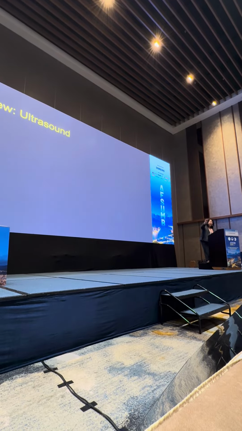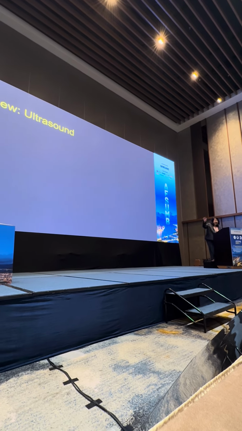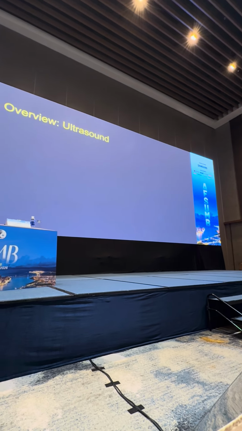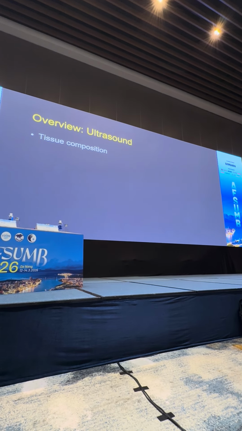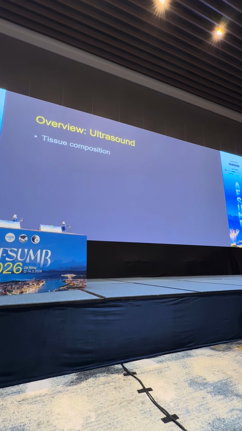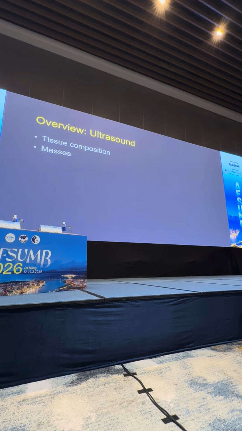Overview of the ultrasound section. There are several components, and I'm going to list them for you. First, tissue composition. Second, masses. Third, non-mass lesions, something we talked about a bit already in the morning. And fourth, calcifications. Fifth, associated features, so there are a number of them.